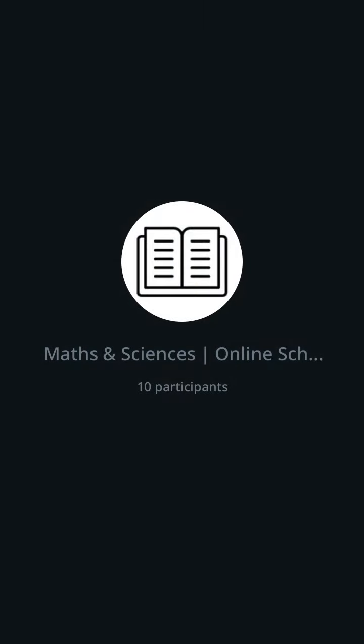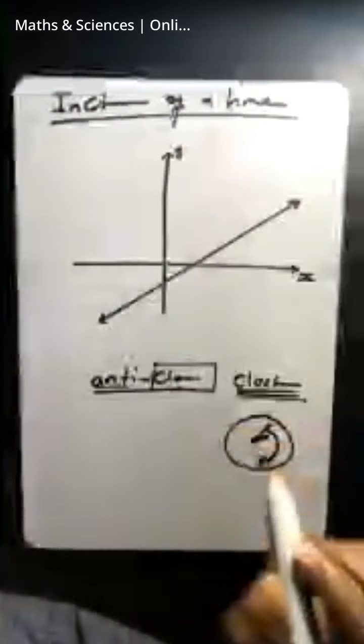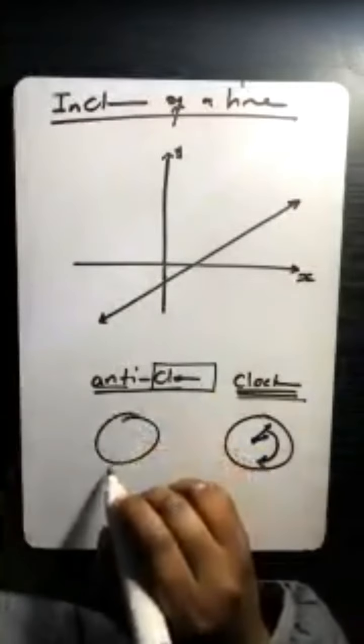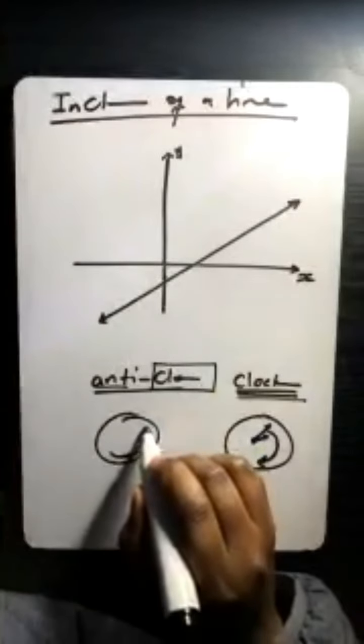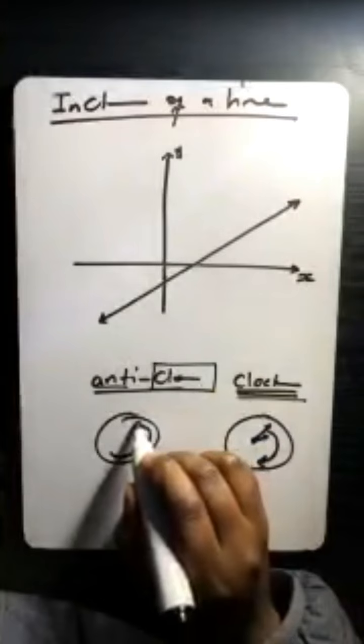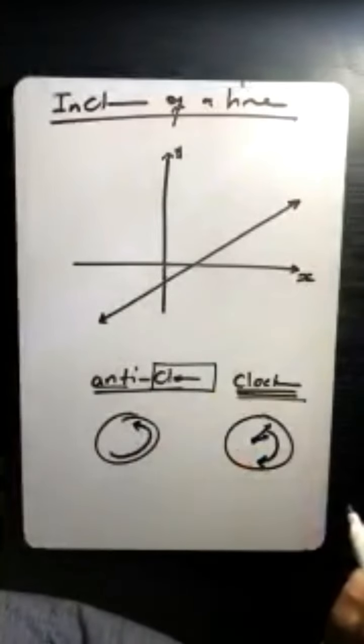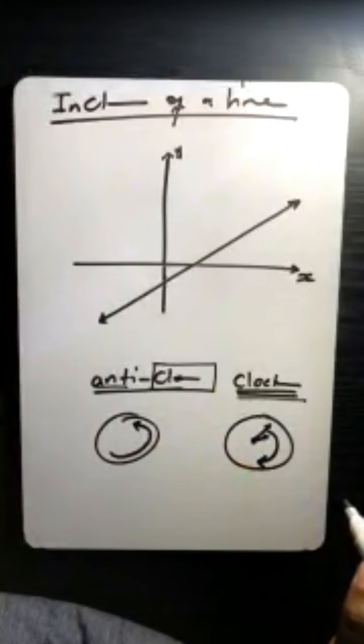That is why it is a clockwise direction. Anti means opposite of whatever, and in this case whatever is clock. So anti-clockwise will be the opposite direction of clockwise, which means it is going in the opposing direction. That is what we mean by anti-clockwise direction.